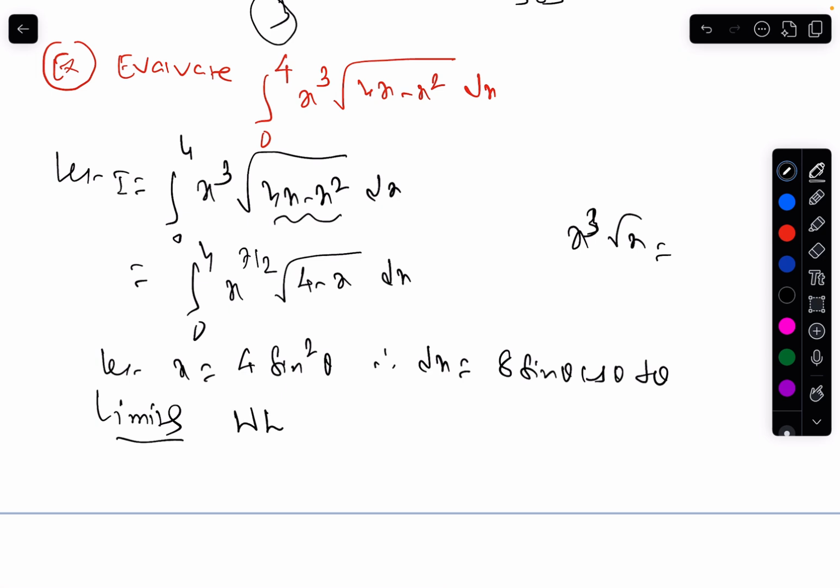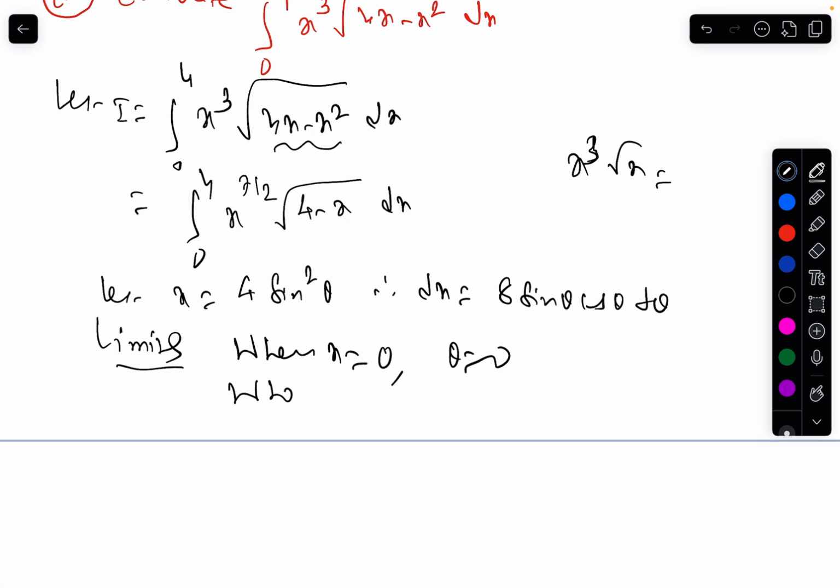Limits: when x equal to 0, theta is 0. When x equal to 4, 4 equal to 4 sine square theta, so sine theta is 1, and so theta is pi by 2.